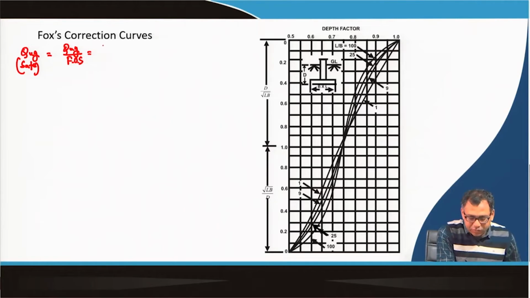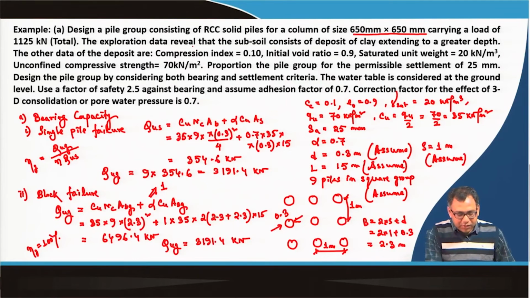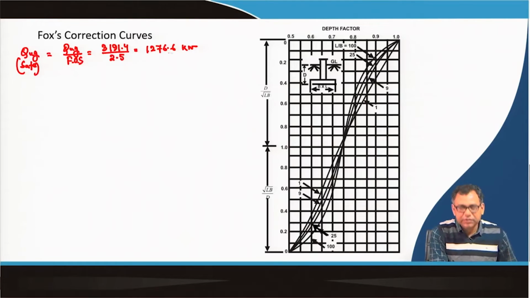So, here we are taking 2.5. So, 3191.4 divided by 2.5 is 1276.6 kilonewton. So, how much load is coming? The load coming is 1125 kilonewton, and the pile group can carry safely a load of 1276.7.